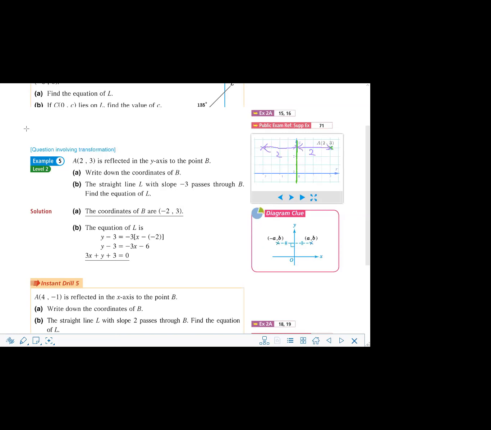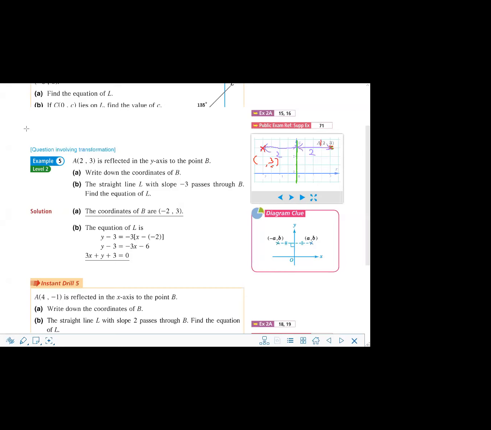Then you need to write down the coordinates of the reflected image. It is a left-right movement, which means that the height of the point is not changed at all, so the y coordinate is exactly the same as the original one. How about the x coordinate?